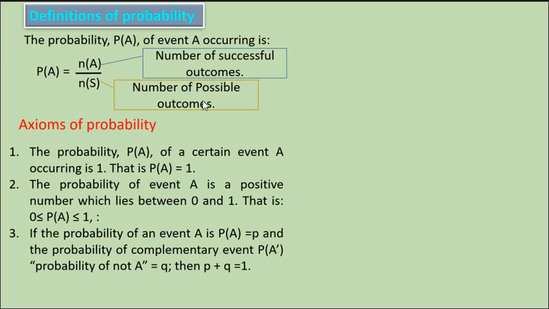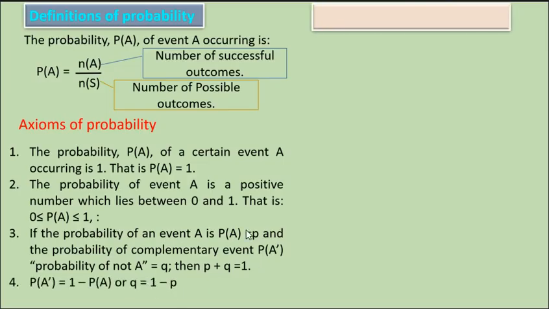So therefore, the probability of a complementary event, written this way, you can see it on the screen, is q. And if I add p and q, I must get 1. So number 4, it means that the probability of a complementary event should be 1 minus the probability of that event happening, or q is equal to 1 minus p. Please take note of these formulas. They are very essential for you to be able to solve problems of probability. You must not forget this.